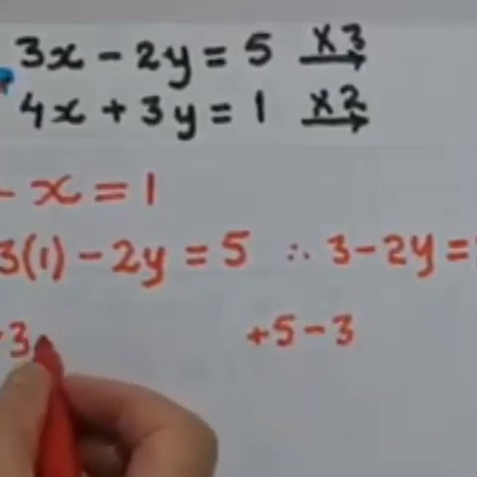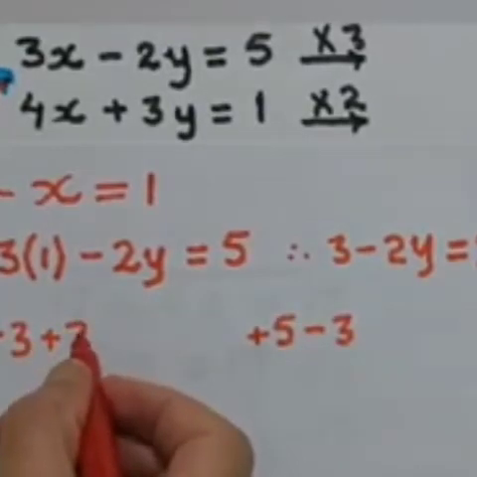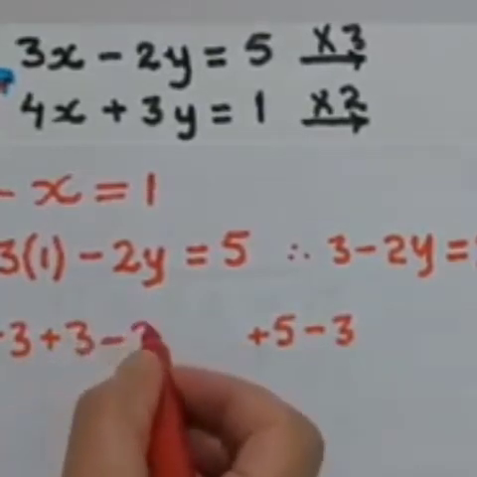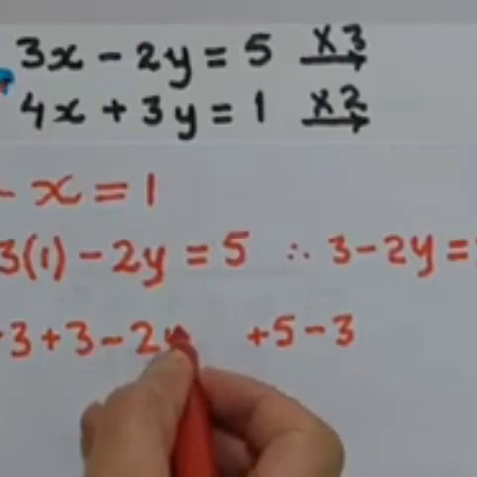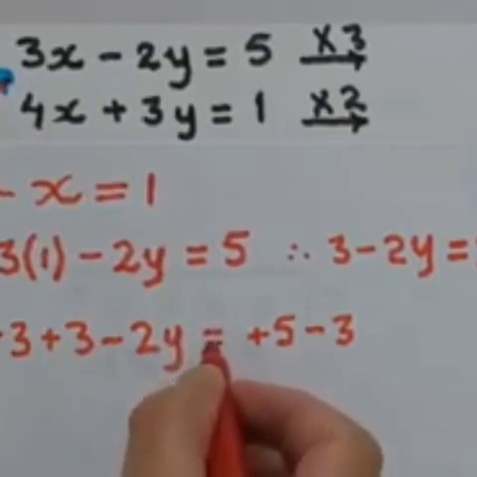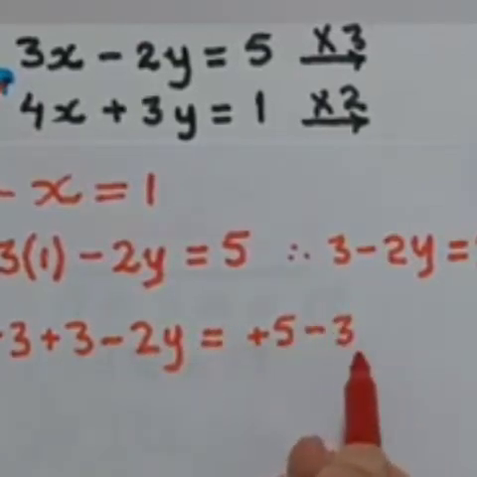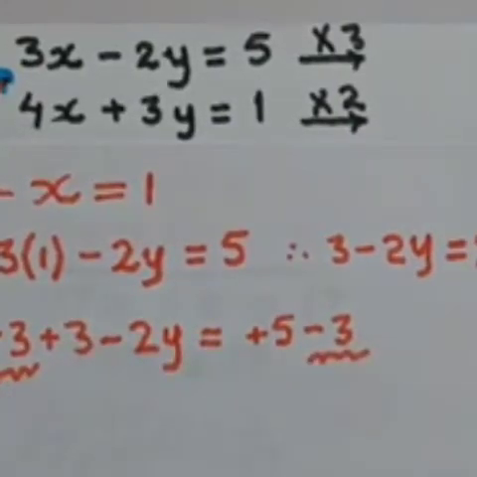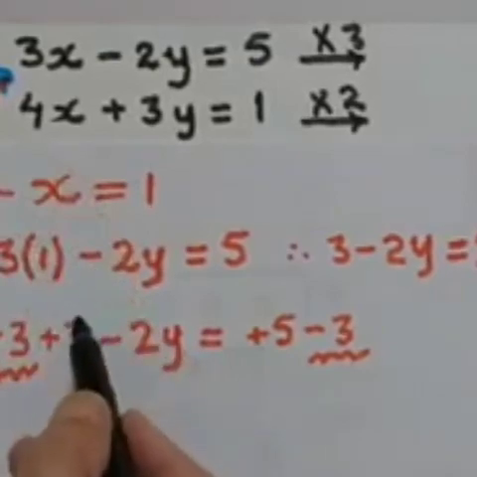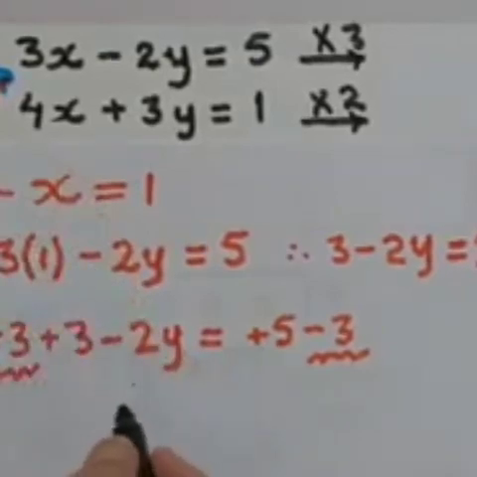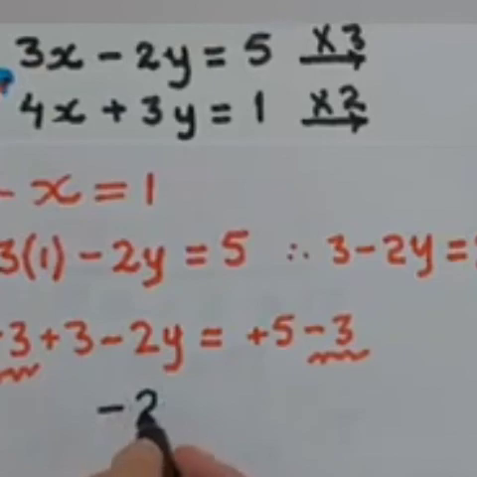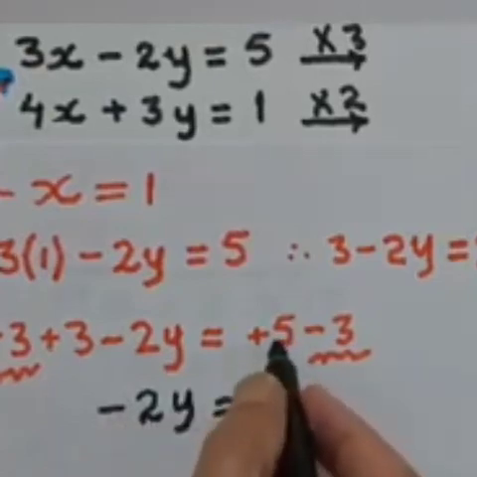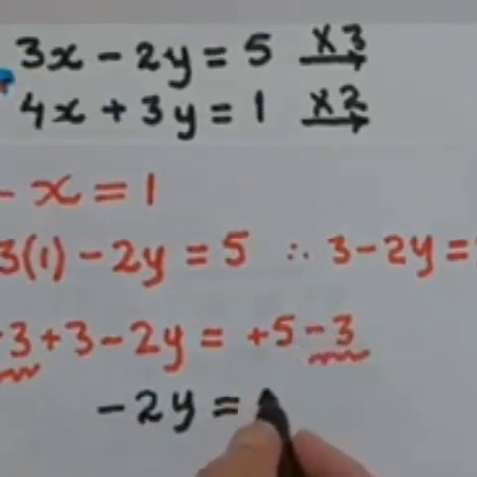So we just write here 3 minus 2y is equal to 5, and we added minus 3 here and minus 3 here to both sides of the equation. The result of this step, those cancel together, we got minus 2y only here equals 5 minus 3, that means 2.